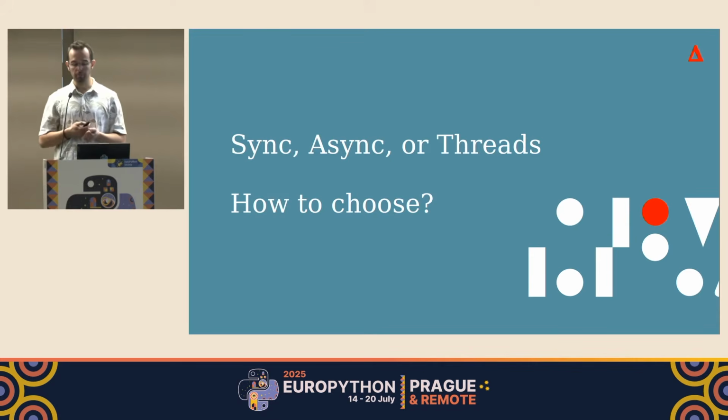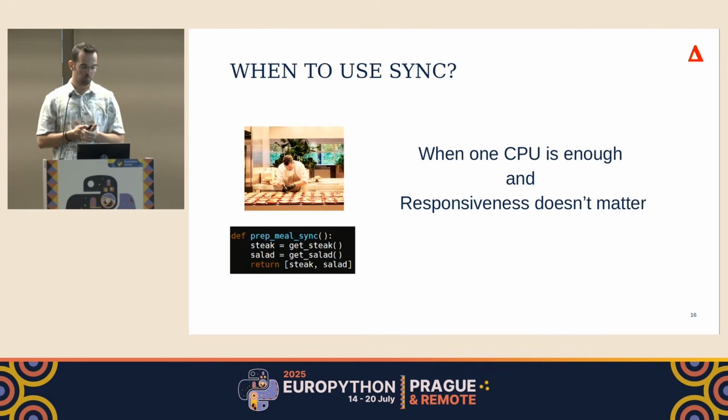So there are 3 different models. But how do you choose? What is the right model for your problem? Well, when one CPU is enough for you, and responsiveness doesn't matter, I think the simplest thing you can do is just to use synchronous programming.